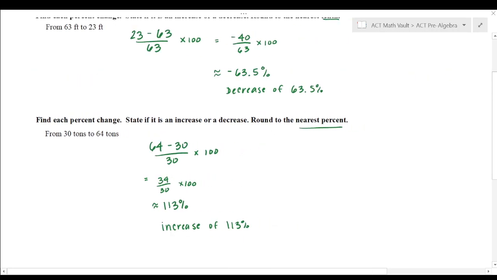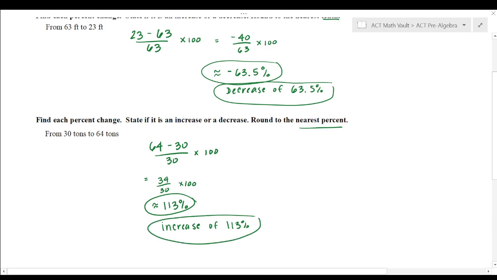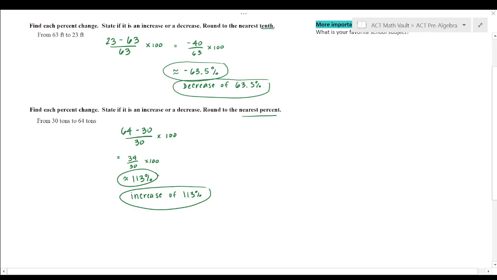Okay, so when the answer is positive, increase. When it's negative, it's a decrease. Just a note on that. Let's say you increase something 200%. That's the same thing as doubling it. So like if a company's revenue increased by 200%, that would mean that it doubled over whatever time span they're talking about.